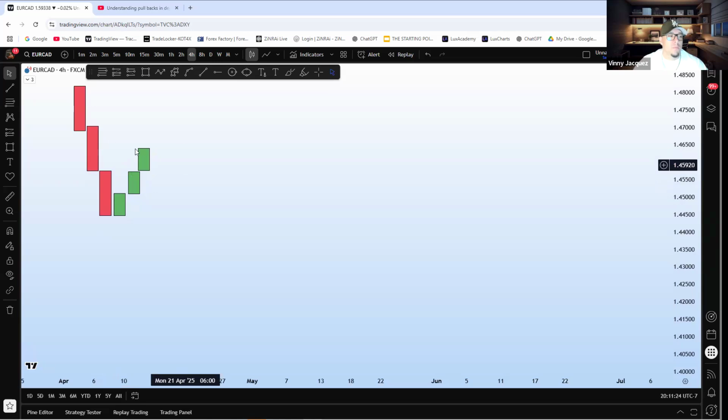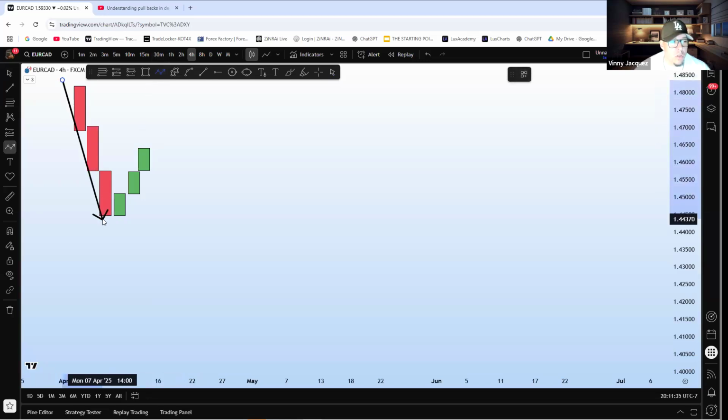Now, again, I'm going to move fairly quick with this because my whole point in this is to break down take profits and liquidity. Okay. So as of right now, we have structure. We have lower low and lower high. We want to continue the trend. So we need to see the market break structure to the downside and give me a break of structure. Okay. So let's go ahead and make that happen.